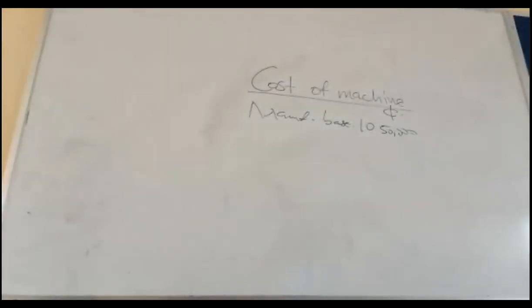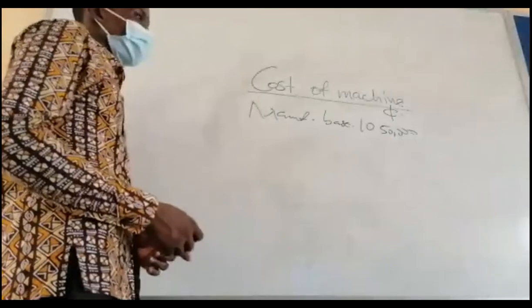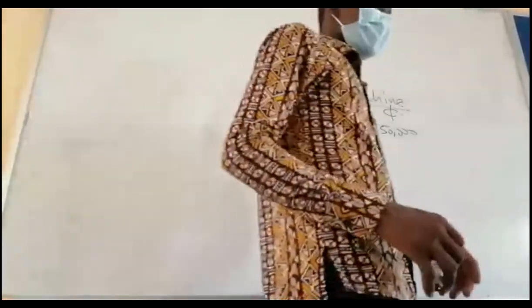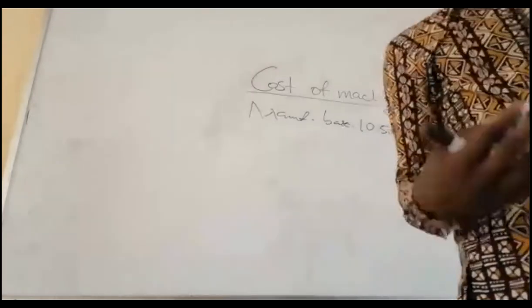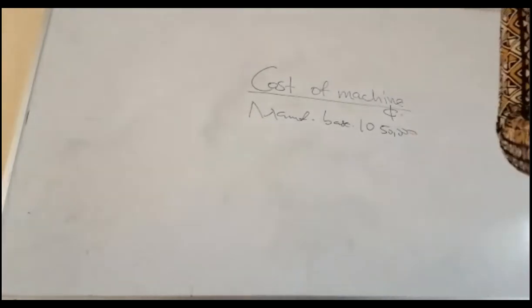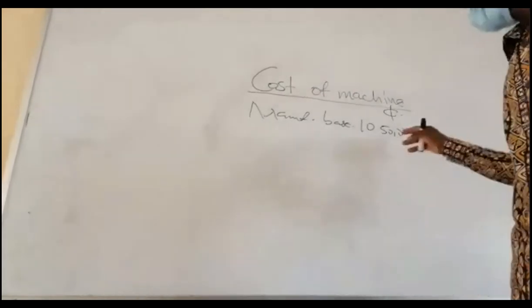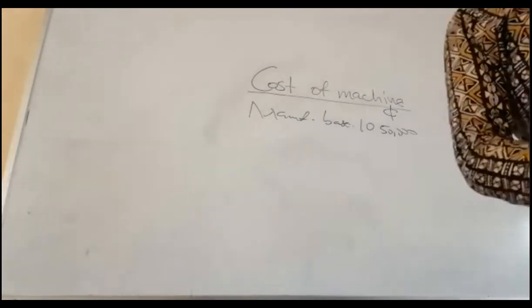So do we include it or we exclude trade discount? Now, trade discount means a reduction in the price as a result of what? Bulk purchases. You are buying more of the machine, so they are reducing the price for you. Or you are buying, let's say, five, and they are giving you two extra. So now you have the total cost of all the five, but for all seven machines.